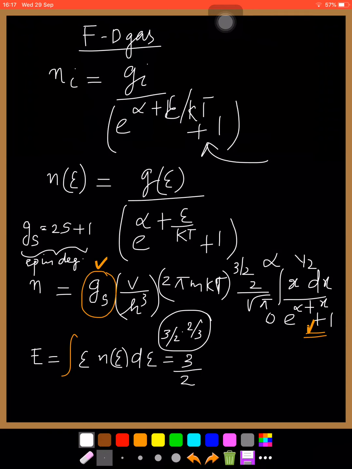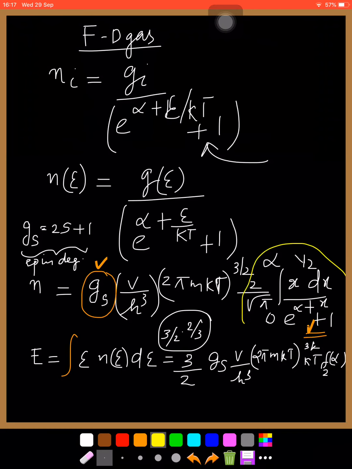And here also the expression will be 3/2, the additional factor Gs, then V by h cube, 2 pi m kT raised to 3/2, then kT, f2 alpha. This expression is f1 alpha.